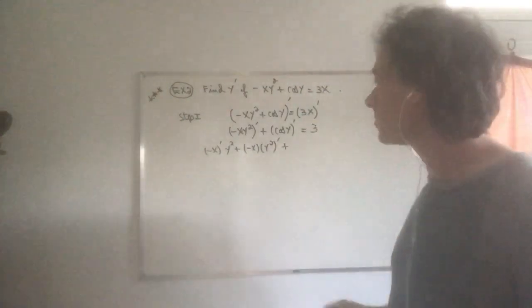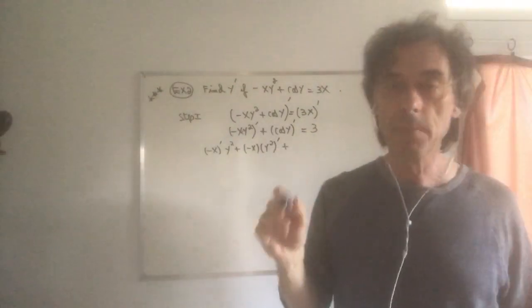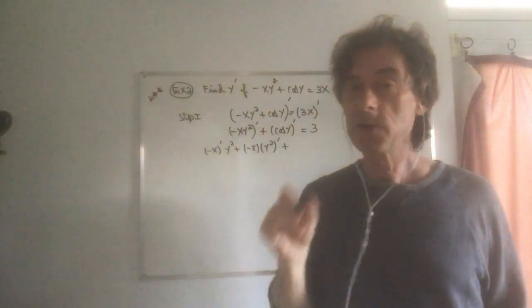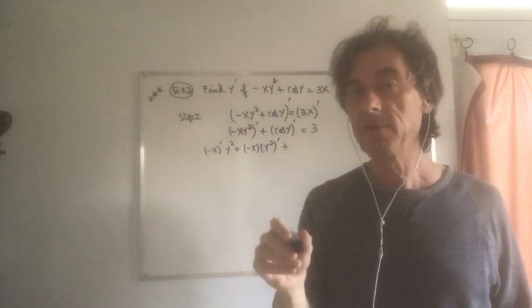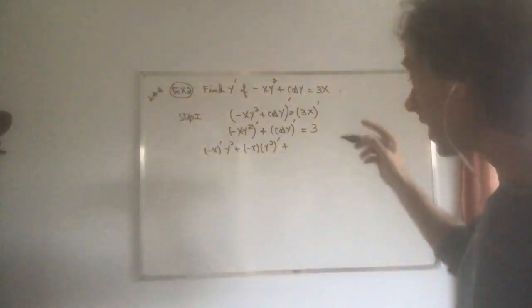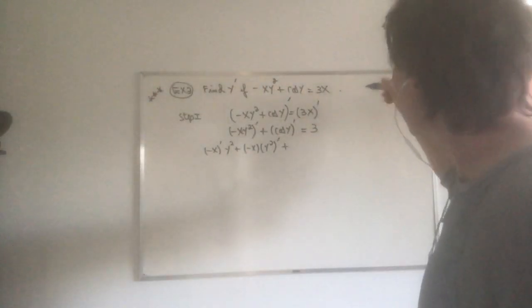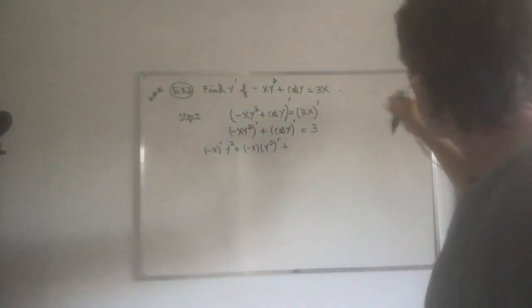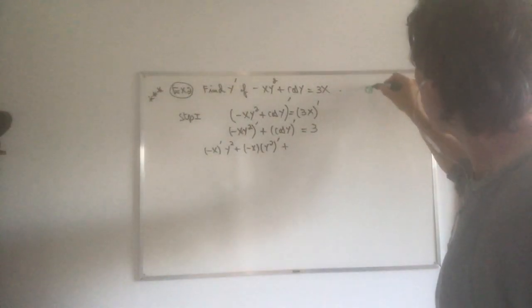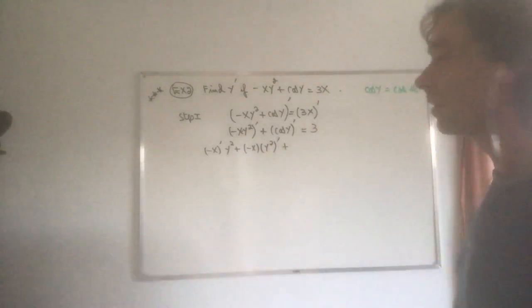Plus, what is the derivative of cos y? Well, the derivative of cos x, that's rule 10, minus sine x. But that's not cos x, it's cos y, and y stands for f of x, right? So this is actually like cos u. Let me put this aside. So cos y is like cos of u.